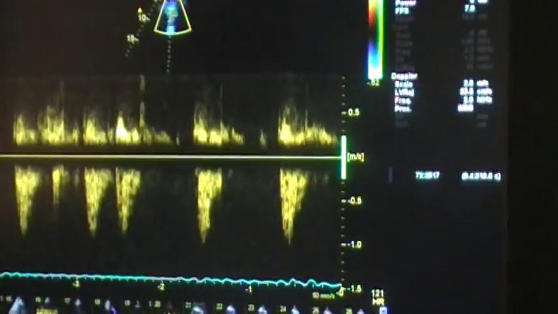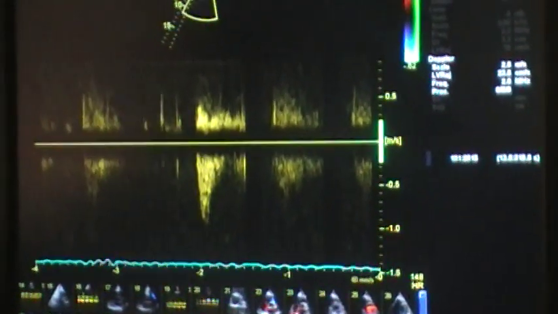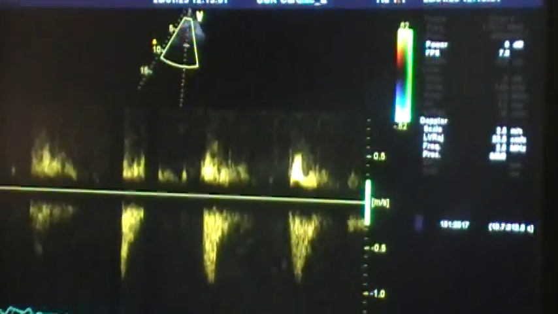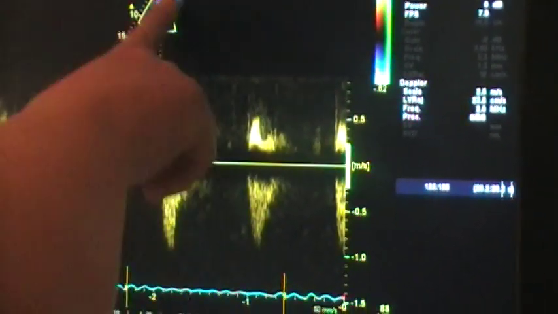Descending aorta should be below the baseline, of course, because it's going away from us there. Ascending, if you could capture it, it's not always easy to get, is above the baseline, right there. So that's all you're really doing in this view. This is a good view if they do have aortic stenosis because you can get their high velocities here. Also, if they have coarctation, you're going to see it in this view.